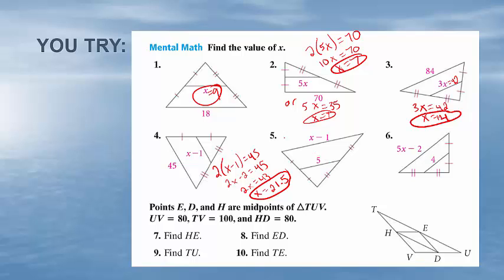Now in number 5, I gave you the smaller segment. I know if I do 5 times 2, that's going to equal the bigger segment. So this bigger segment has to be 10. In that case, x would have to be 11.